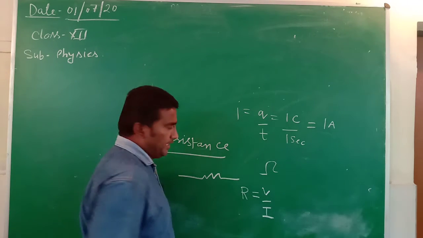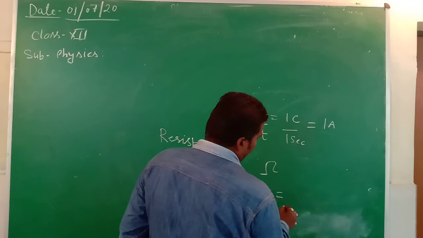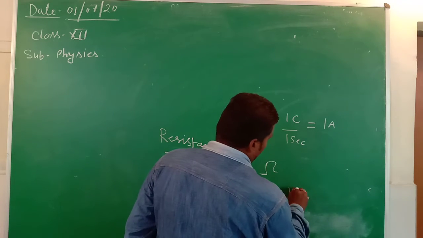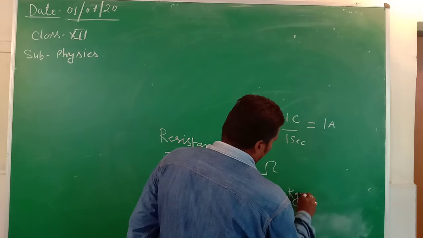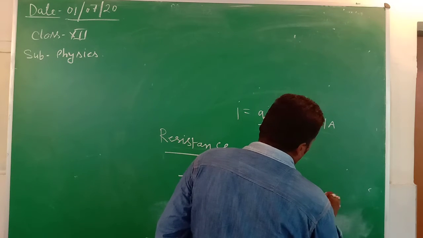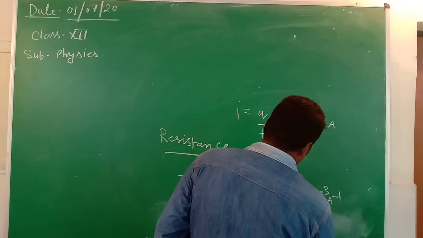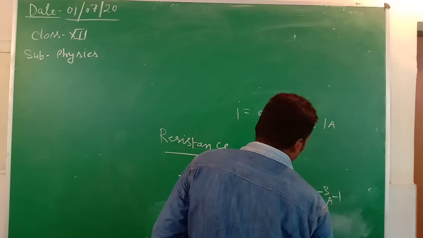Now the derived unit of resistance is the derived unit of potential difference, kilogram meter square second power minus 3 ampere power minus 1, upon ampere.